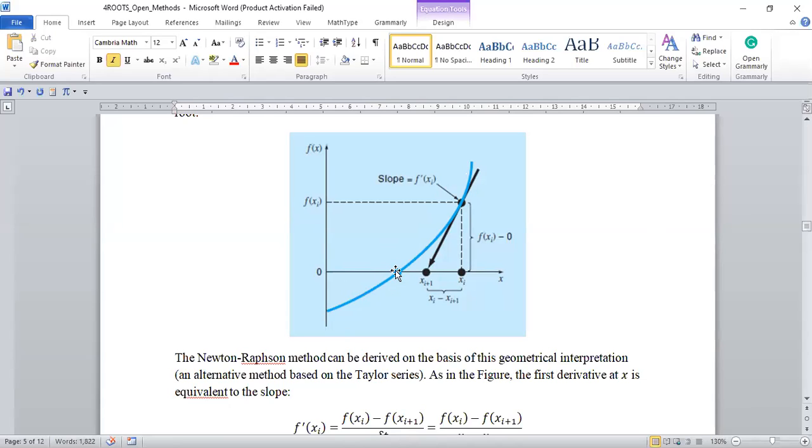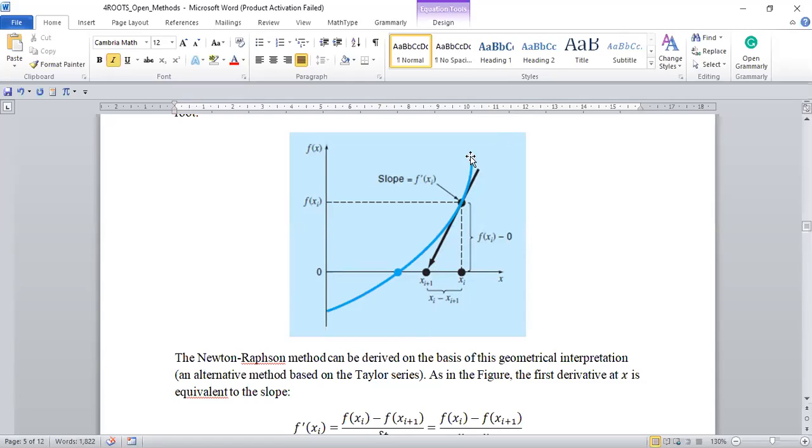But in the Newton-Raphson method, you approximate the root. For the Newton-Raphson method, you are going to be given an initial guess. So let's say that this point where my cursor is the initial guess. You're going to draw a tangent line at that point.